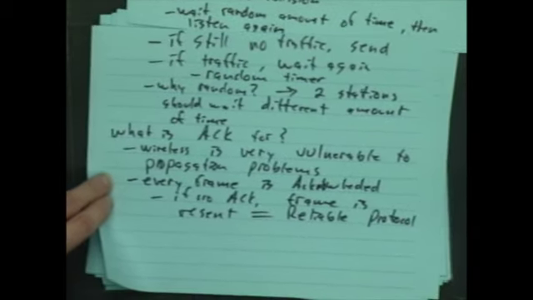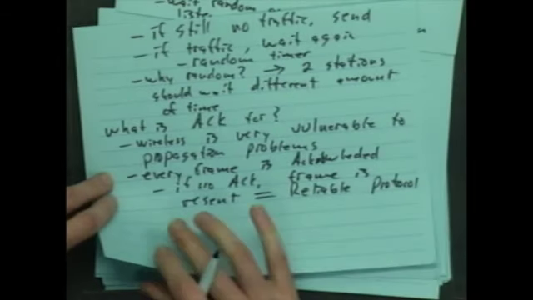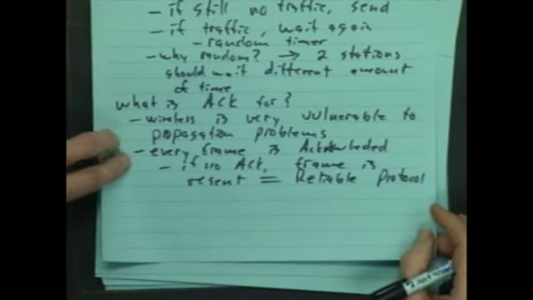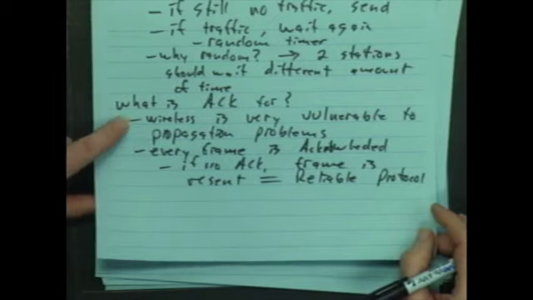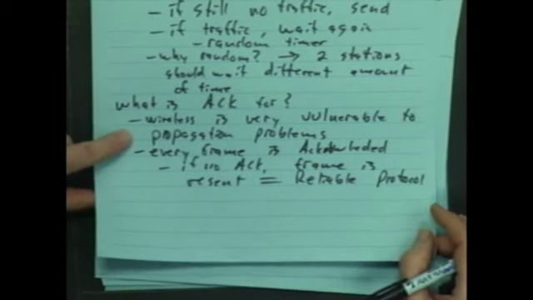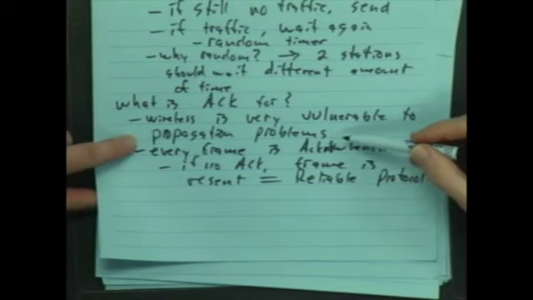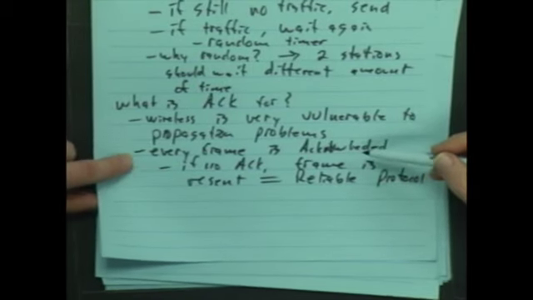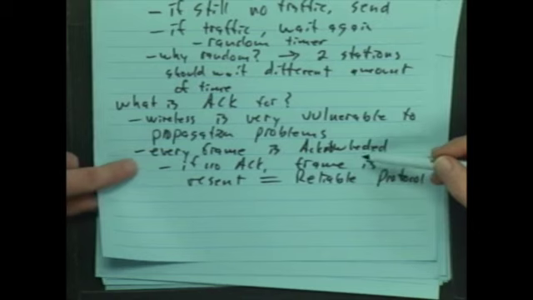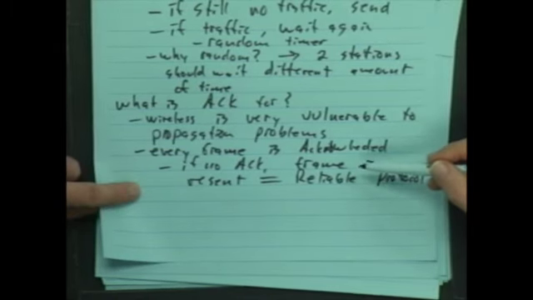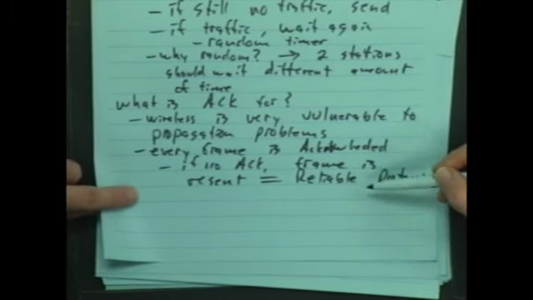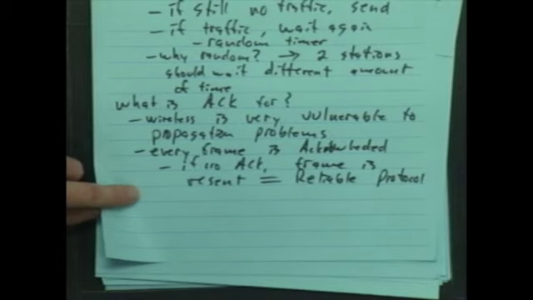Seems like that's going to be on the exam, doesn't it? Something about wireless needing to be reliable. So again, we need an ACK because wireless is super vulnerable to propagation problems. You know, we can't even be sure that we're going to get all our bits where they need to go. And for that reason, we acknowledge every frame. If it's not acknowledged, the frame is resent, and that makes us reliable.